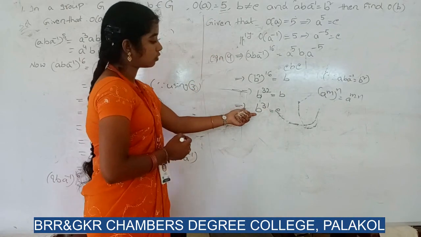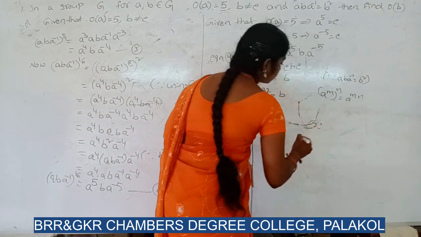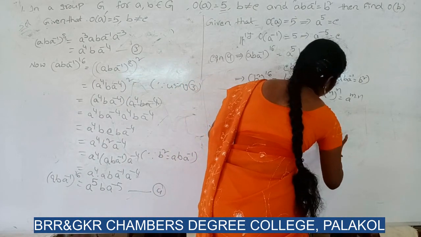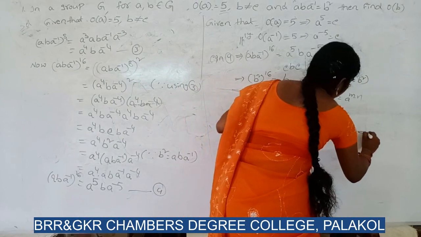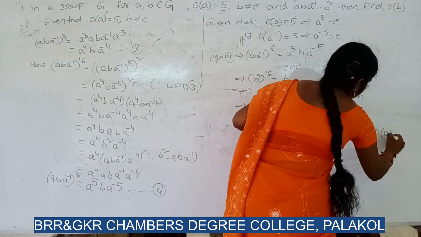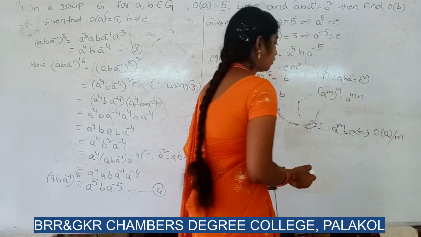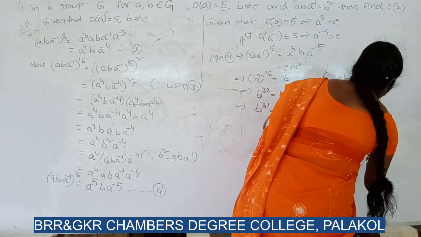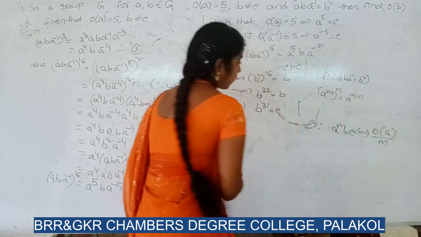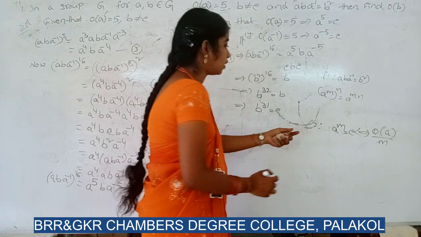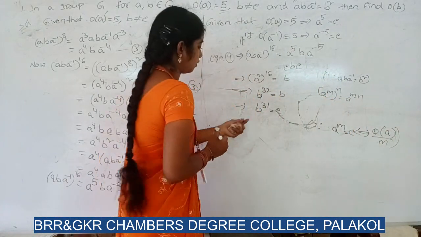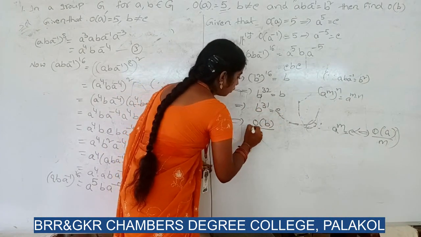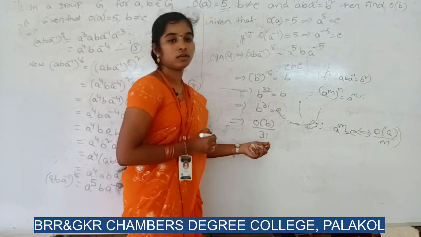So already you know that by the known theorem, A power m equal to E if and only if order of A divides m. So by using this condition, B power 31 equal to E can be written as order of B divides 31.